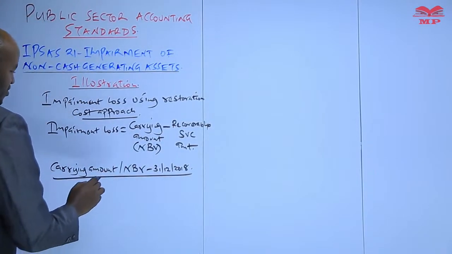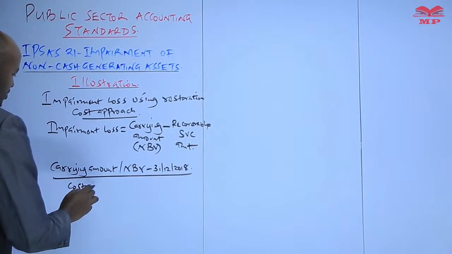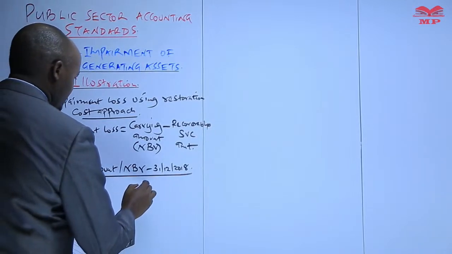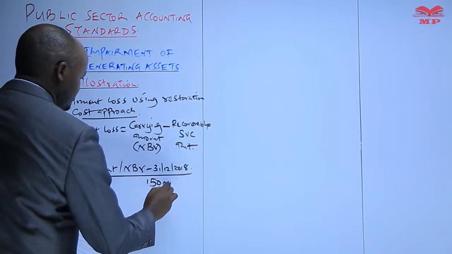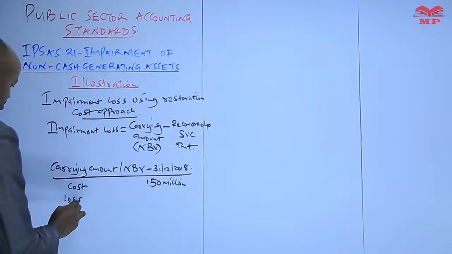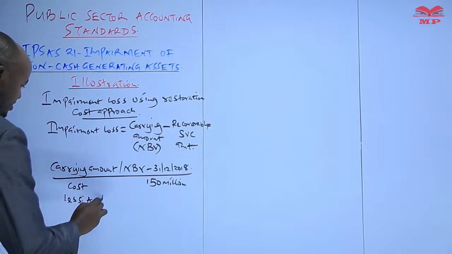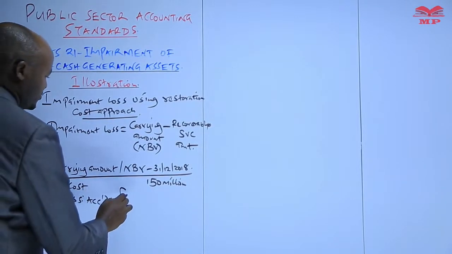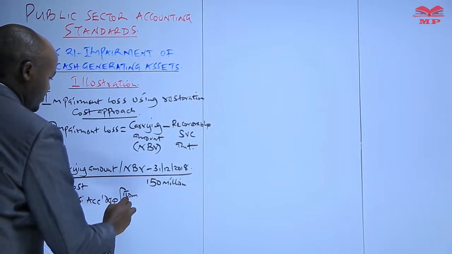So the net book value or the carrying amount is equal to the cost, and we are given the cost of the market, which is 150 million. So we less the accumulated depreciation. The accumulated depreciation in this case will be computed by taking 150 million.